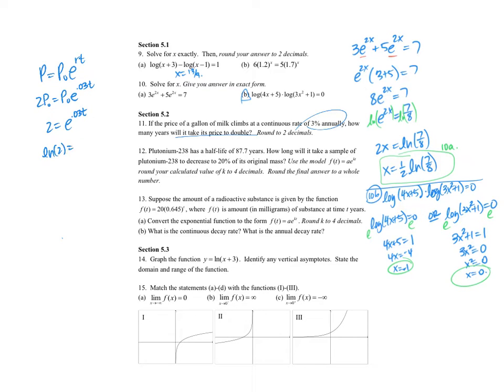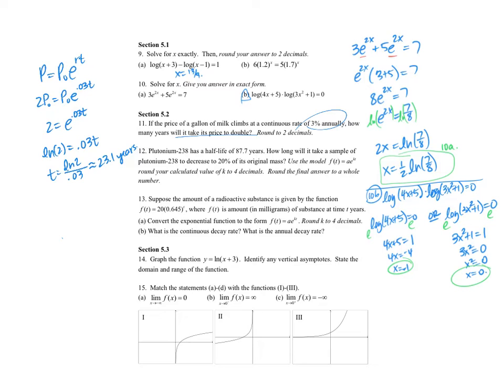Natural log of 2 is equal to 0.03 T, and then I can divide by that. So T equals natural log of 2 divided by 0.03, and I can get a decimal approximation for that. I get 23.1 years.